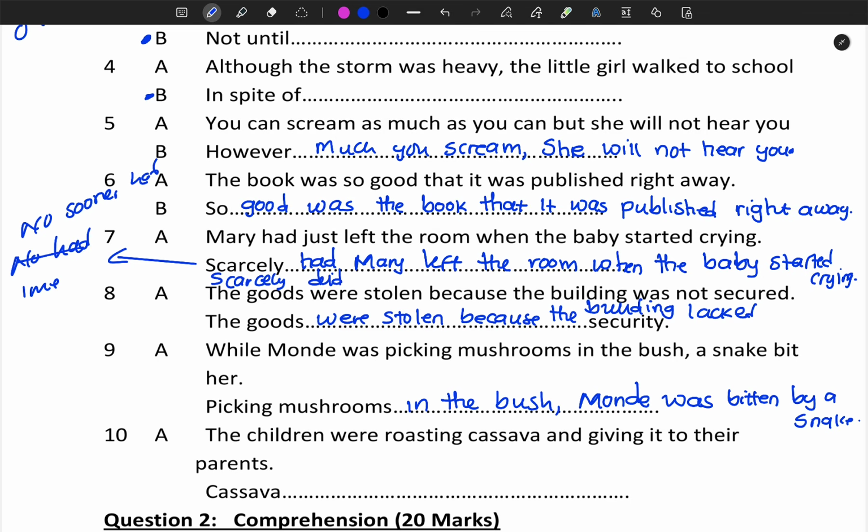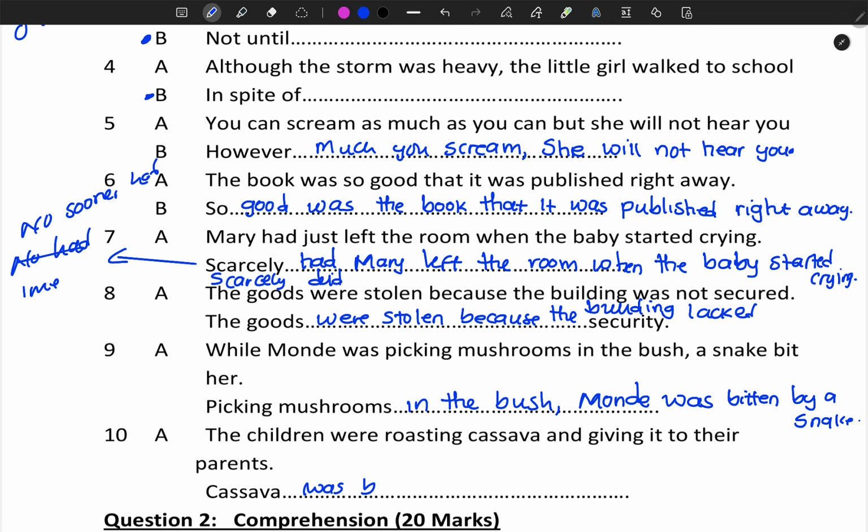Number 10, the children were roasting cassava and giving it to their parents. So this is also active to passive.